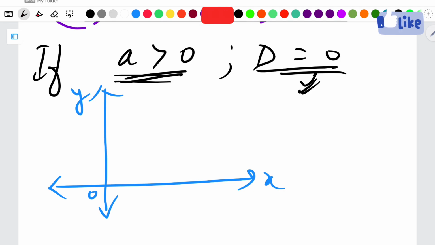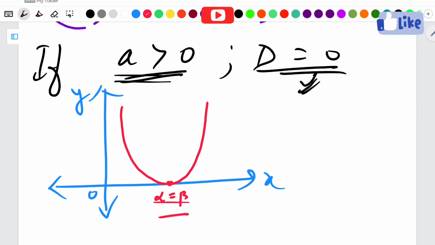Now how can it be shown by the graph? If you are drawing like this, the point where this curve is touching the x-axis, at that point alpha and beta both are equal. Why are both these equal?